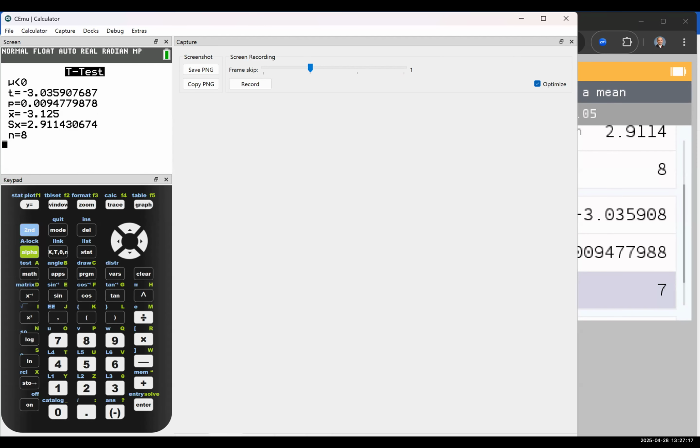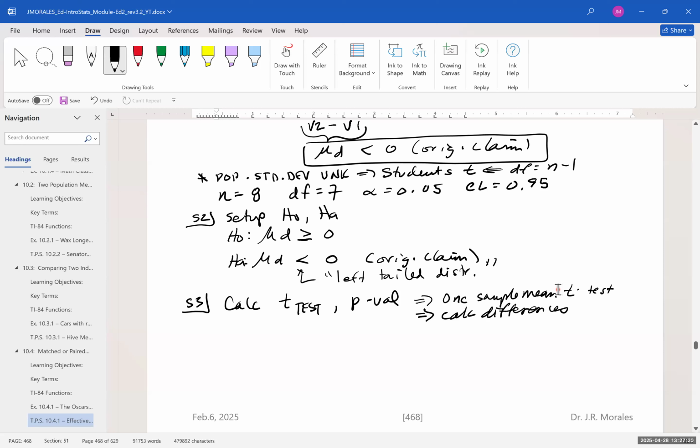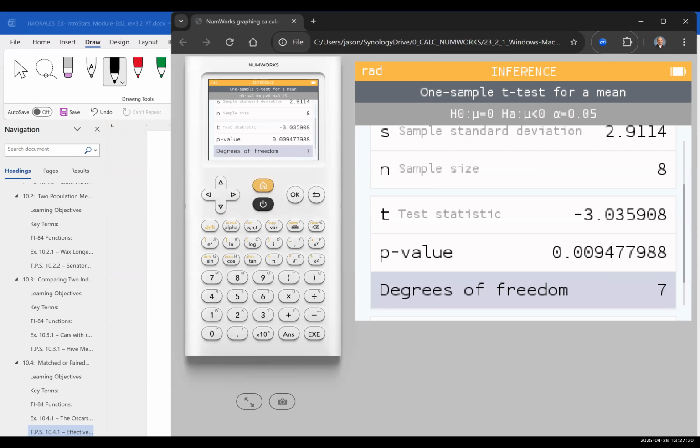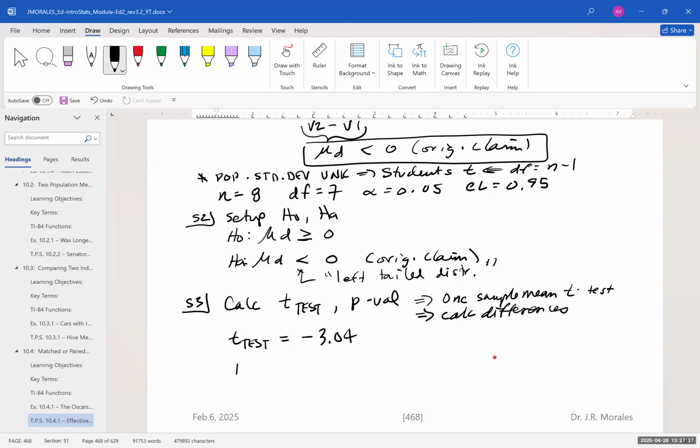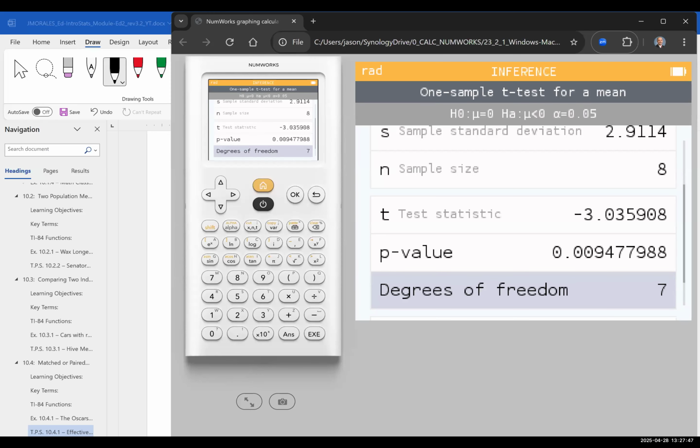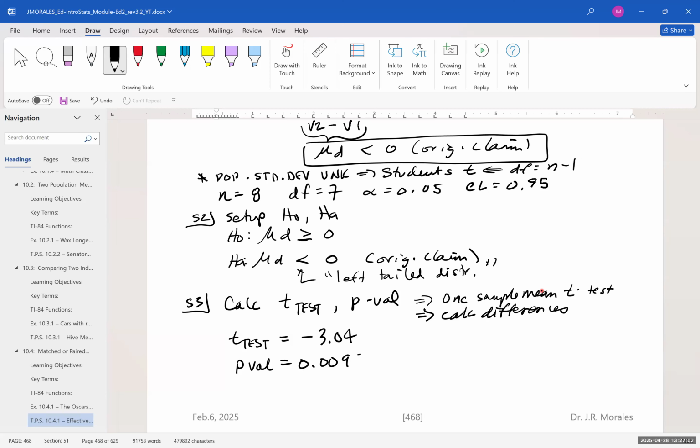All right, so let's go ahead and write these down. We're getting a t-test statistic of negative 3.04 with a p-value of 0.0095.